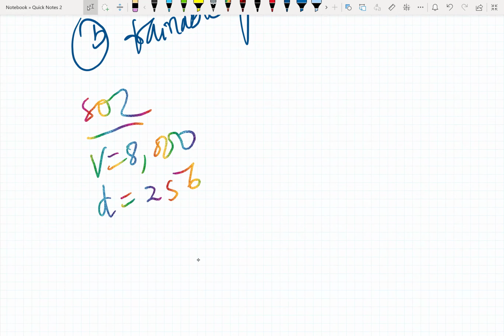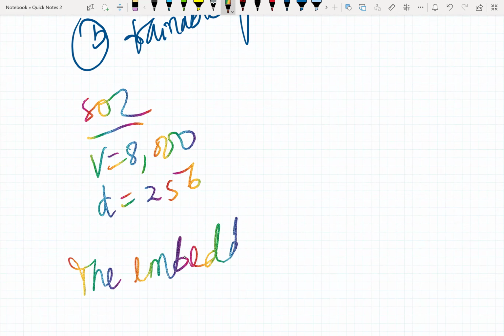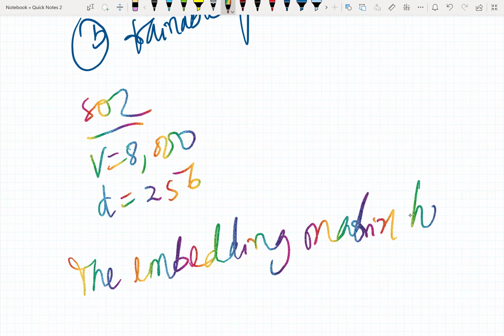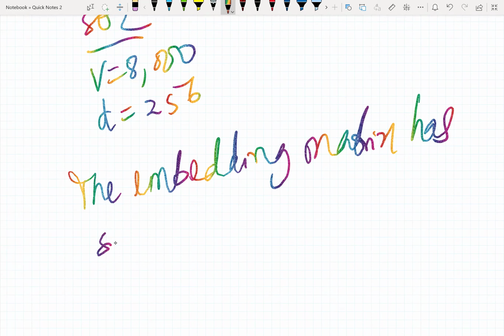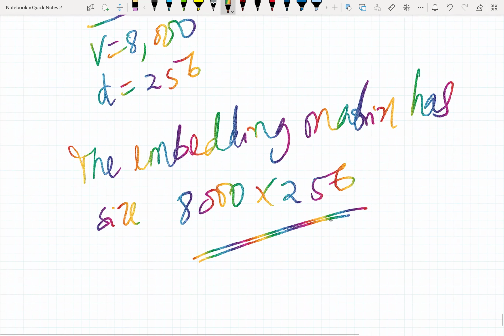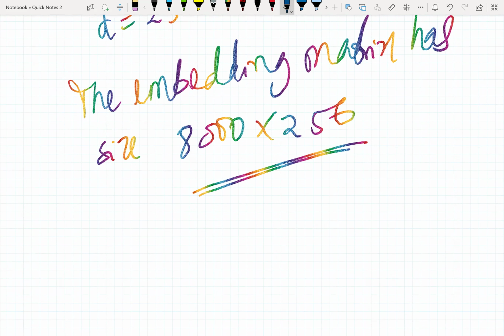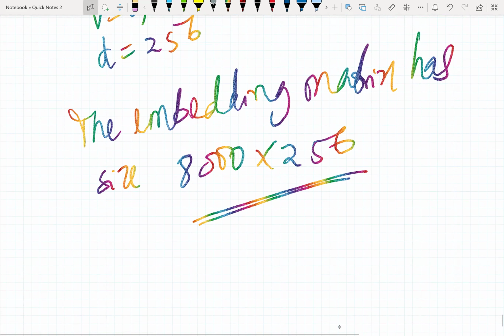So simply, the embedding matrix has size 8,000 by 256. That's the embedding matrix dimension, and that's A.